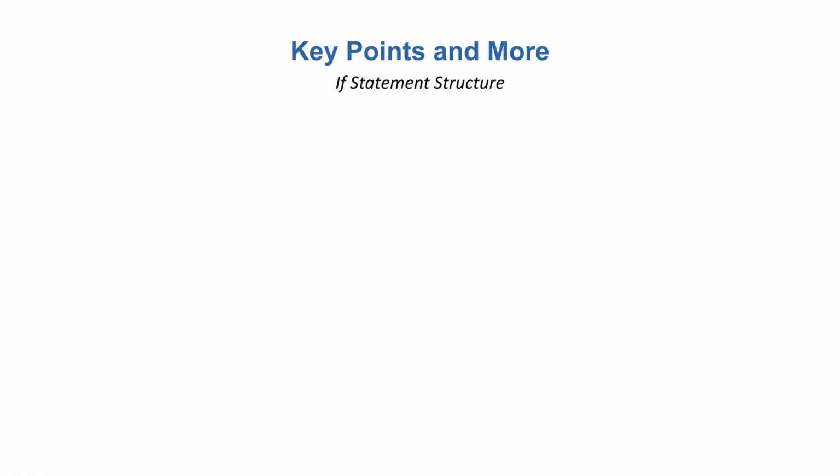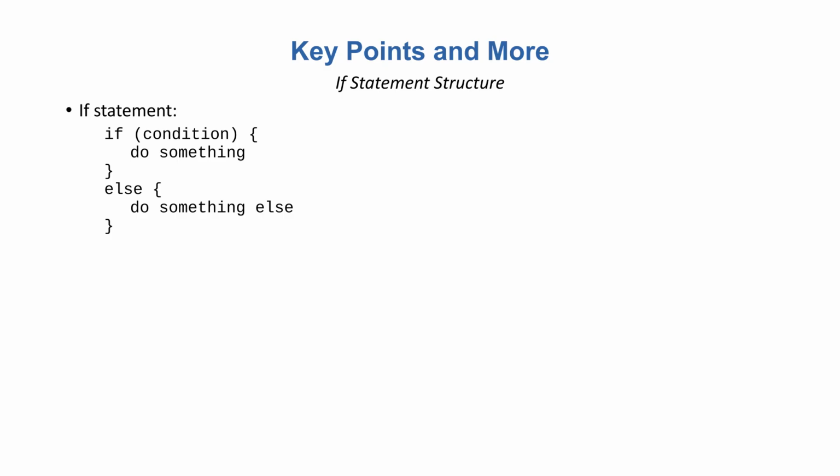Key points and more. If statement structure. An if statement is the word if followed by a condition in parentheses, which is followed by a block of code in curly brackets. This block of code may also be followed by the word else and another block of code in curly brackets. This is all part of the if statement.